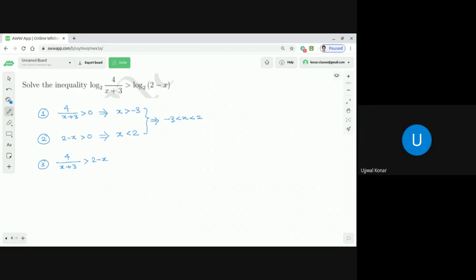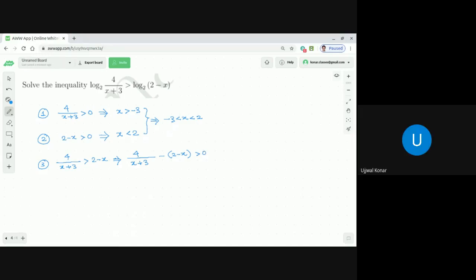But that is not the only one. Along with that, we need to consider the third one. So the third one, dear students, if you recall my earlier guidelines, is that we should bring 2 minus x to the other side. So 4 by x plus 3 minus (2 minus x) is greater than 0. Correct, dear students?